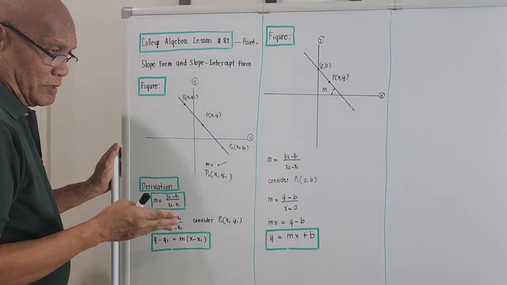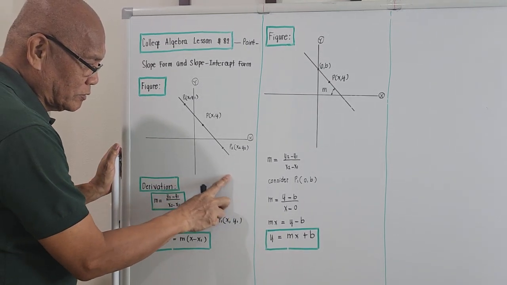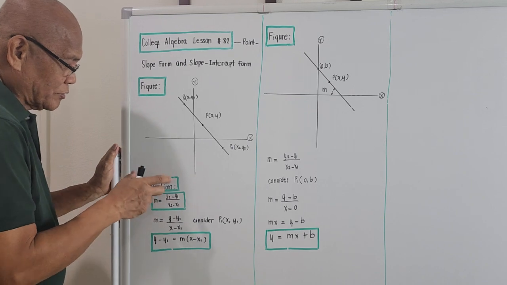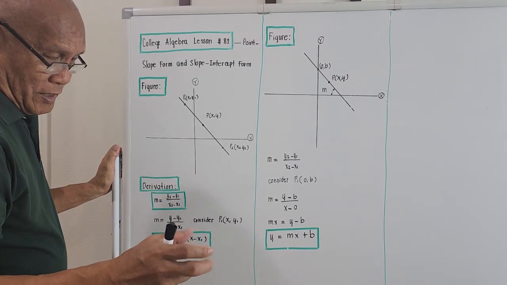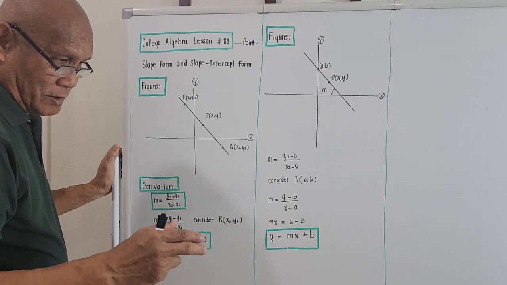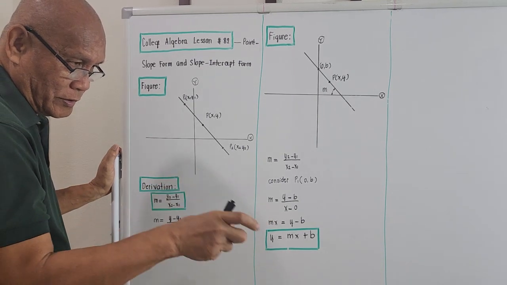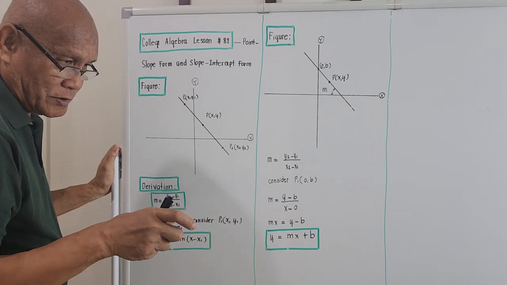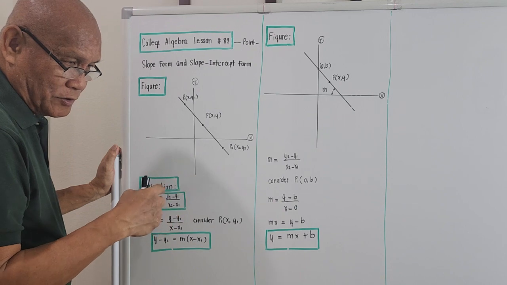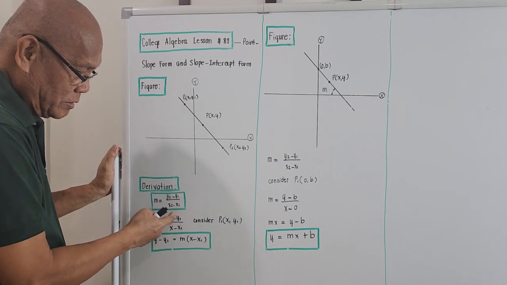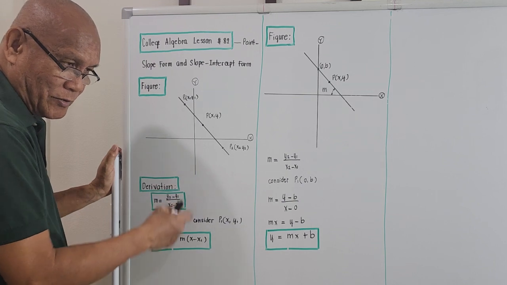So to bring out the equation of the required straight line, I will try to erase this one so it looks good. We'll start with the derivation. From the previous discussion, slope is actually the change in the ordinate over the change in the abscissa, or the difference in the ordinate as numerator and the difference of the abscissas on the denominator.